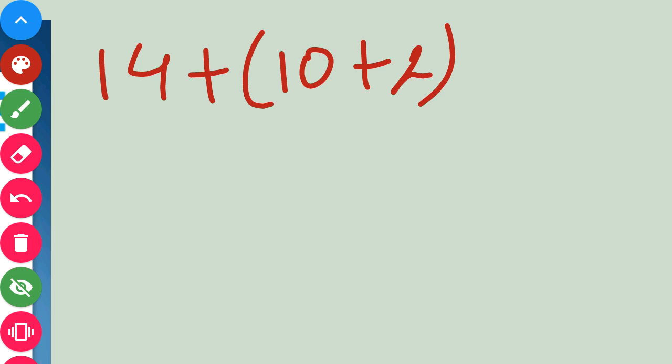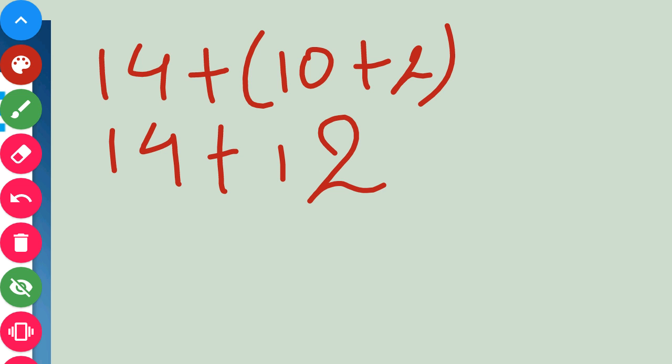As we can see, 10 plus 2 is there in the bracket. So first we will solve this. 10 plus 2 will give us 12.